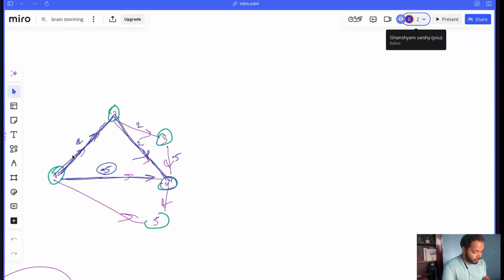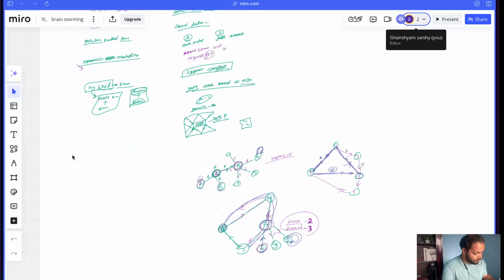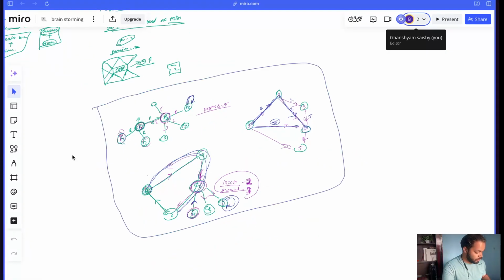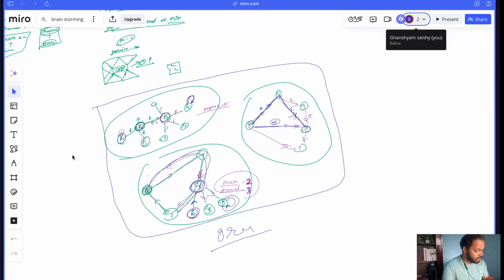It might be possible you have multiple graphs like this whole thing. This is a single graph, but if you see there are subgraphs which are not connected. If you look closely, this graph and this graph and this graph, three of them are isolated from each other and not connected at all.